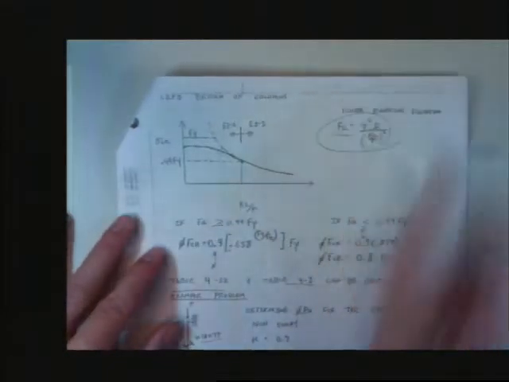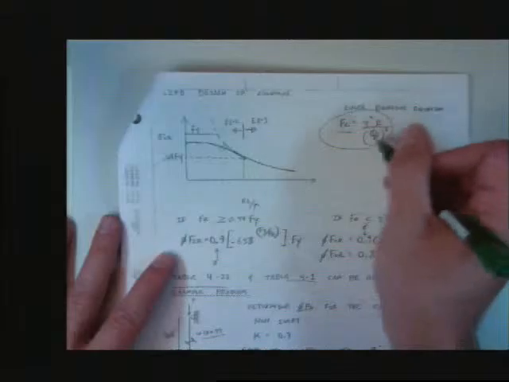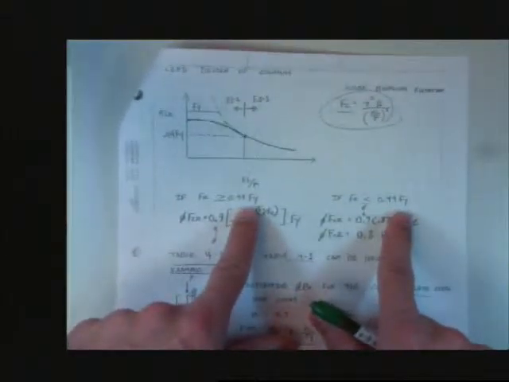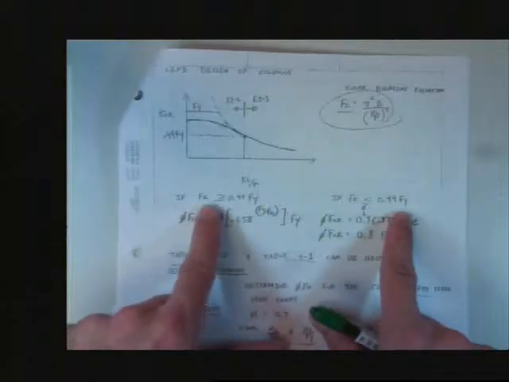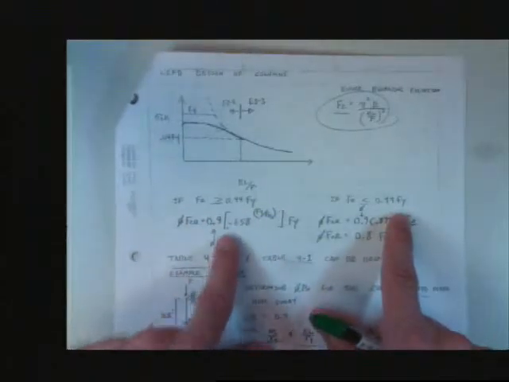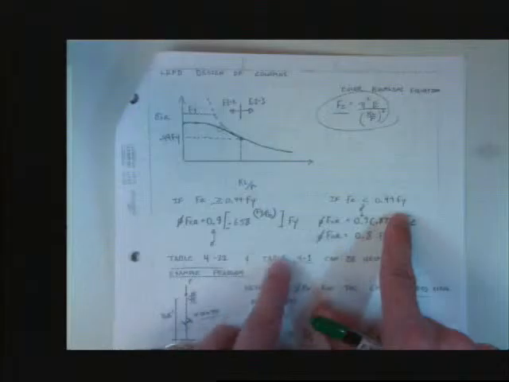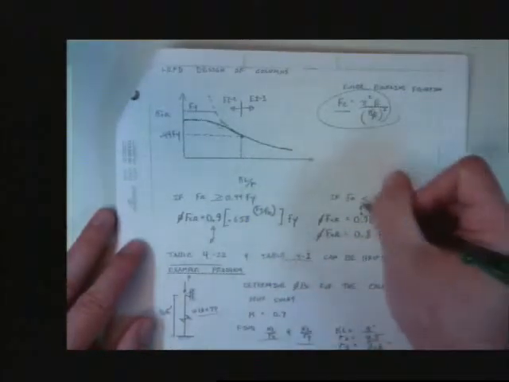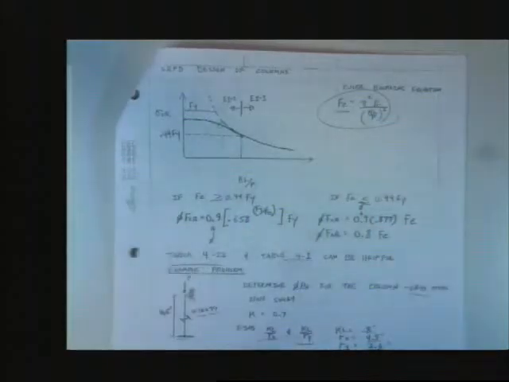You calculate your F Euler capacity, which depends on KL over R. You compare that to your yield capacity, and if F Euler is greater than 0.44 Fy, you use this equation. If your F Euler is less than 0.44 Fy, you use this equation.